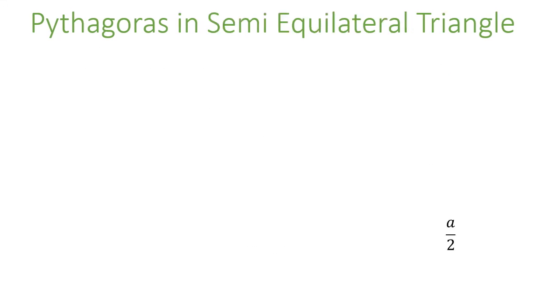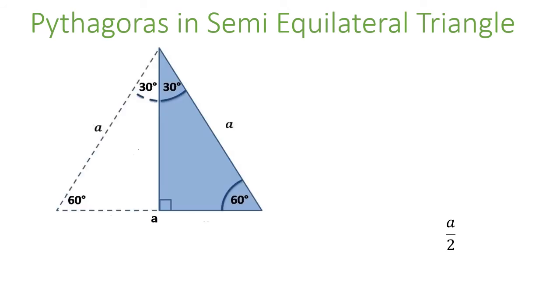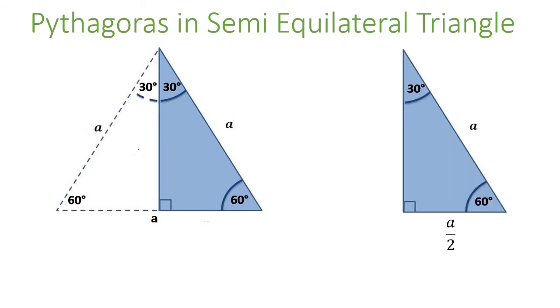Also, we can apply Pythagoras theorem in semi-equilateral triangles. So, a semi-equilateral triangle is a triangle that is divided in two. First of all, we need to find the measure of the small side, which is the side facing the 30-degree angle, this side here. So we know that in an equilateral triangle, all of the sides are equal.